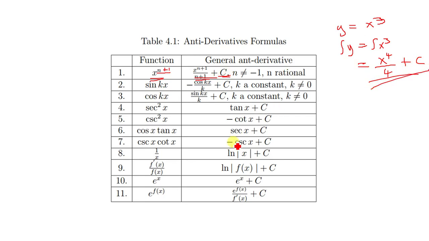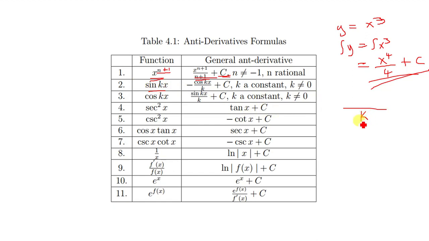We move on to the second one here, which is this one, sine kx. So to integrate sine kx, you first differentiate the angle there. When you differentiate kx, you are going to get k.